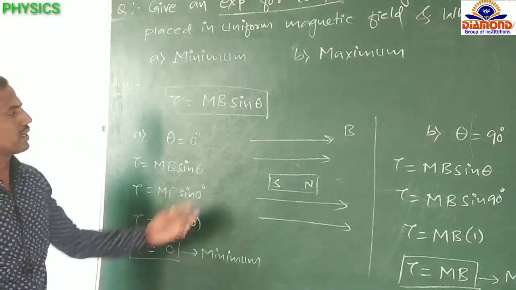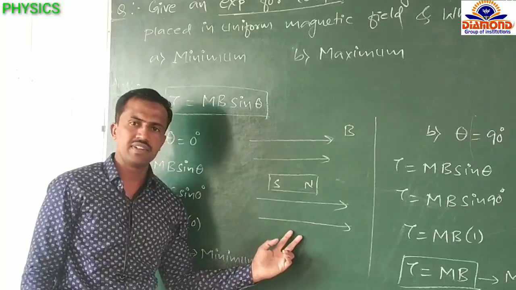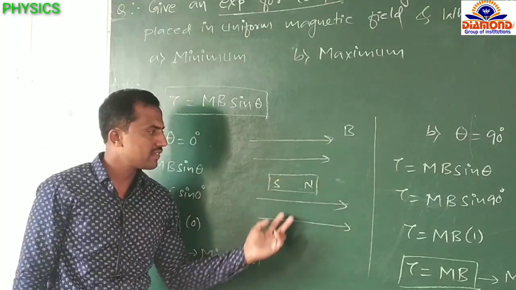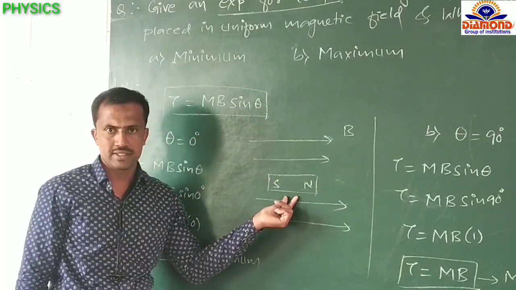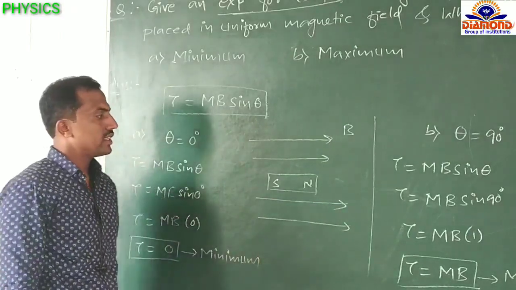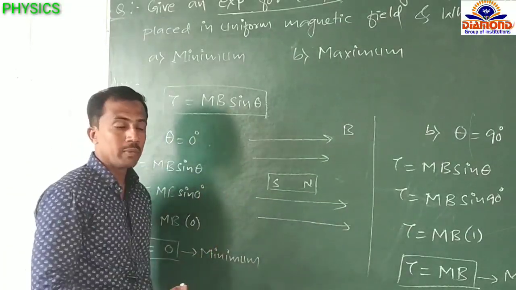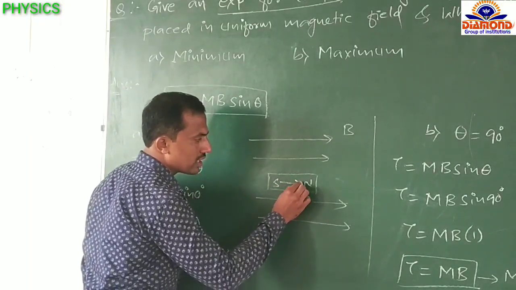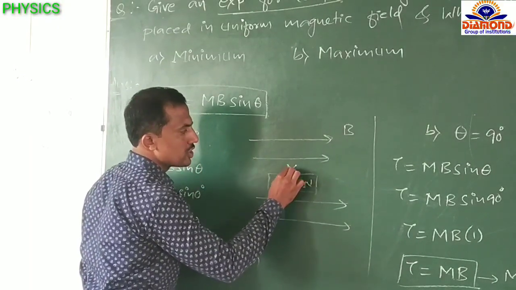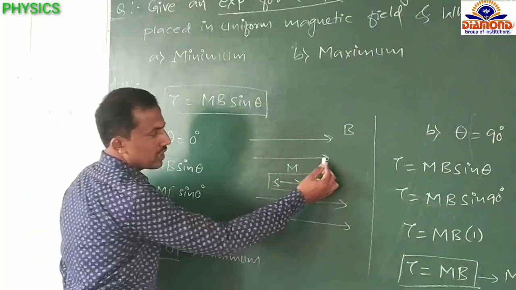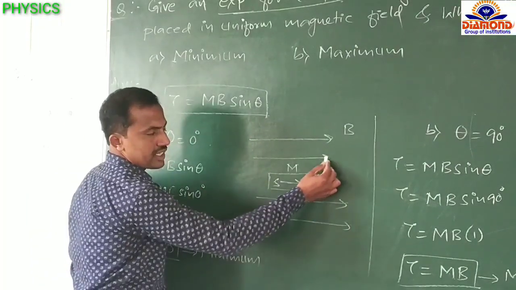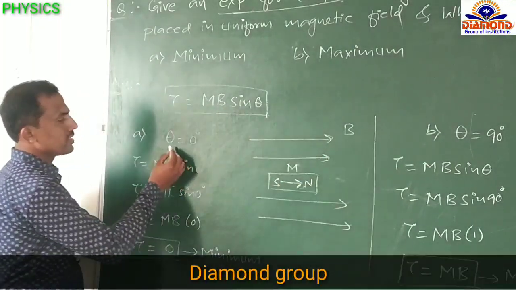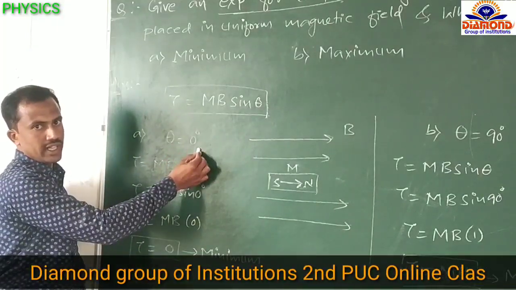In the first case, this is the magnetic field line. In the magnetic field line, a dipole is placed. The direction of magnetic dipole moment is from south pole to north pole, denoted by M. Both are in the same direction, which means theta equals 0 degree.